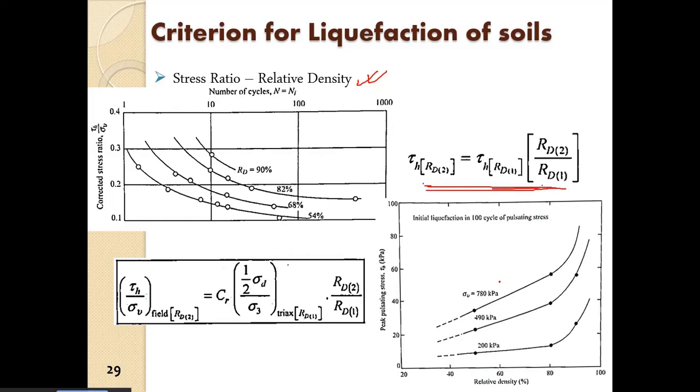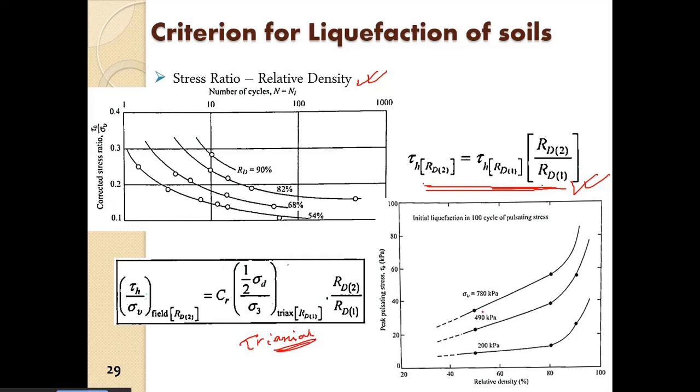Okay, so for the simple shear case we can use this correlation, this interpolation, and for the triaxial case we can use this correlation, right?